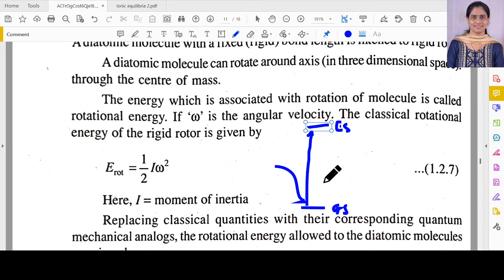It can jump only to some other higher state, which is the vibrational state. So if the molecule absorbs IR light, it can jump from one vibrational state to another vibrational state. For electronic transition, you require UV visible light.